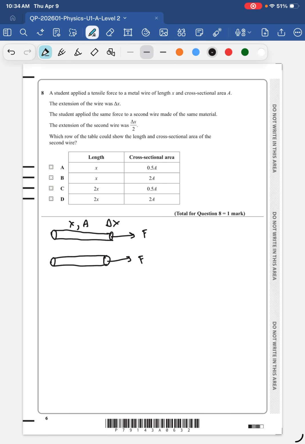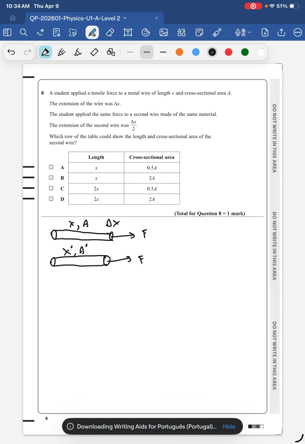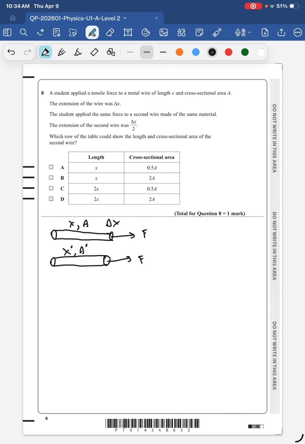We apply the same force X on the second wire, but now the length is X prime, the cross-sectional area is A prime, and it extends by delta X over 2. Okay, let's use everything we know. The extension is given by delta X over X, and stress is extension times the Young's modulus, right?